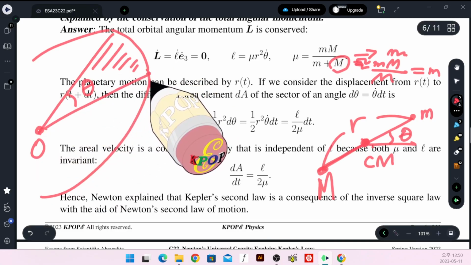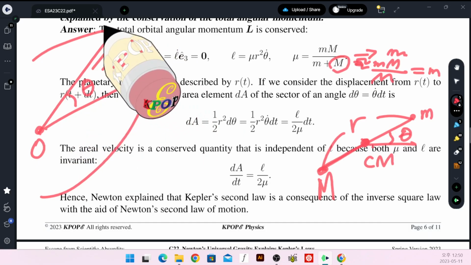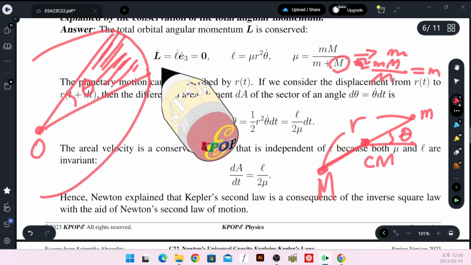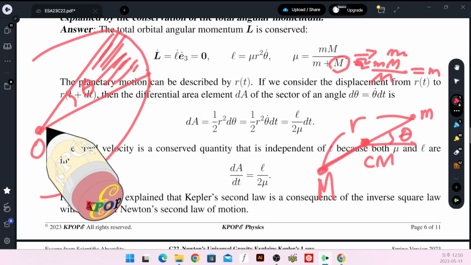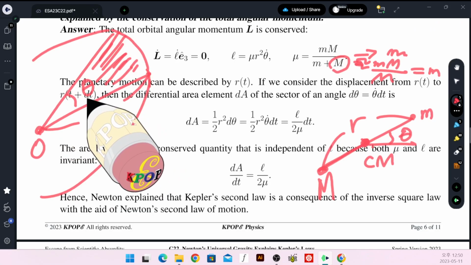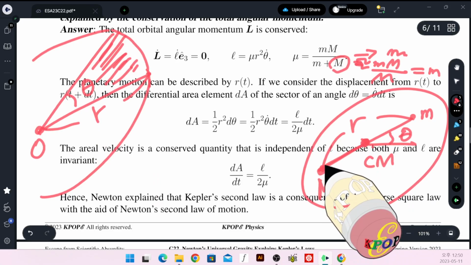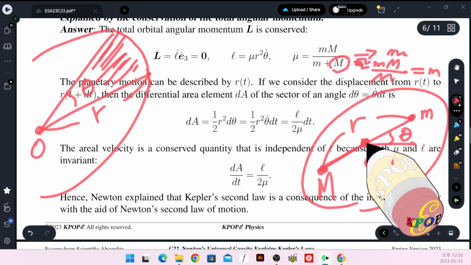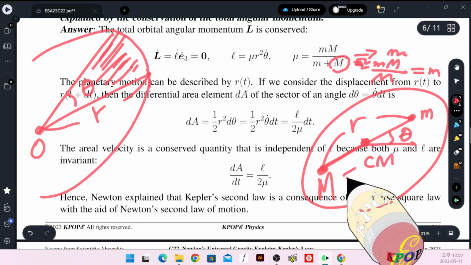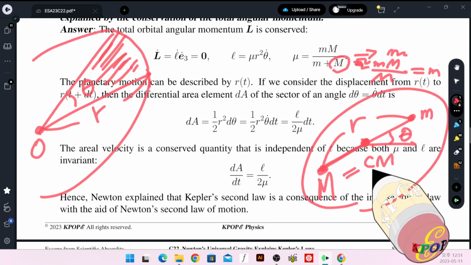It's not a circle in general, but if it is a circle, we can say it is a sector. So what is the area of this sector when the distance from the origin is r? I told you that this is not true. In general, r is the distance between the two, not from the center of mass. But this figure shows the case when this body is almost the same as the center of mass.